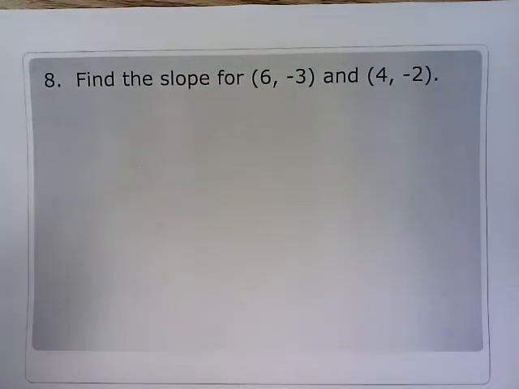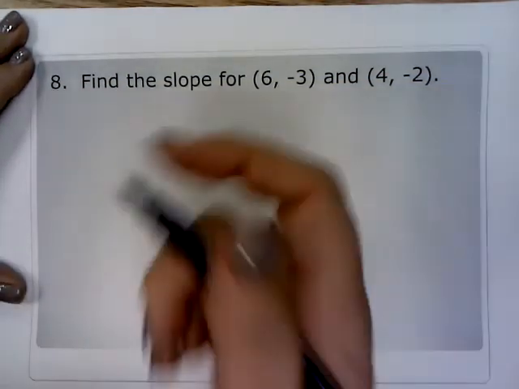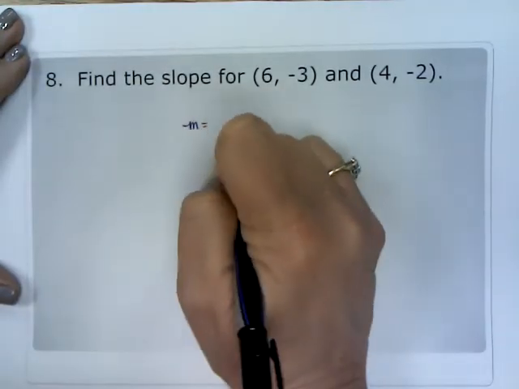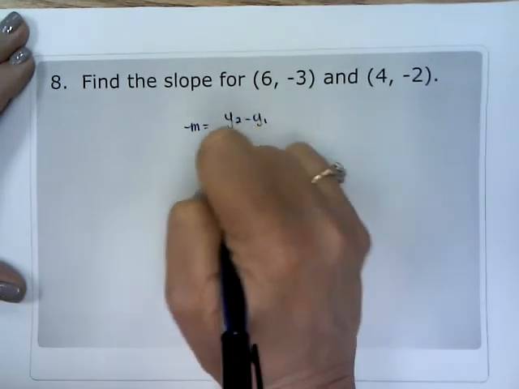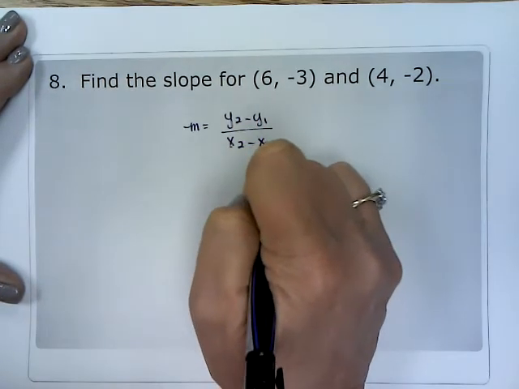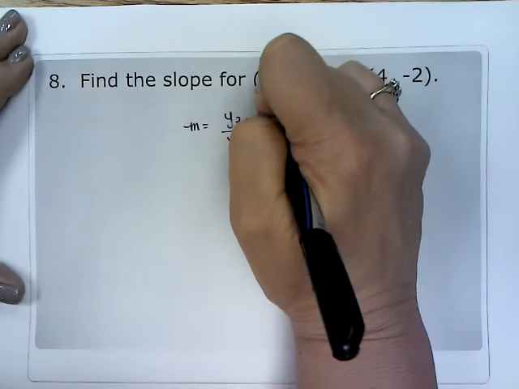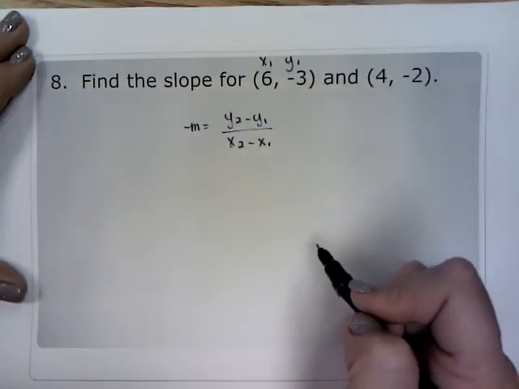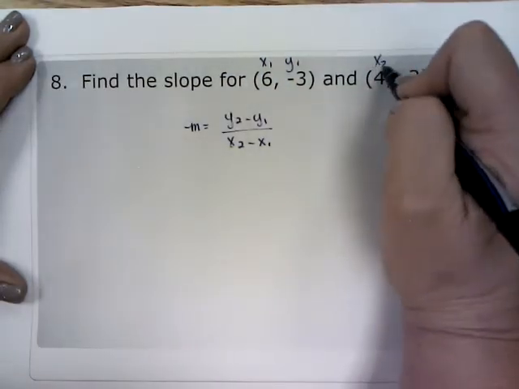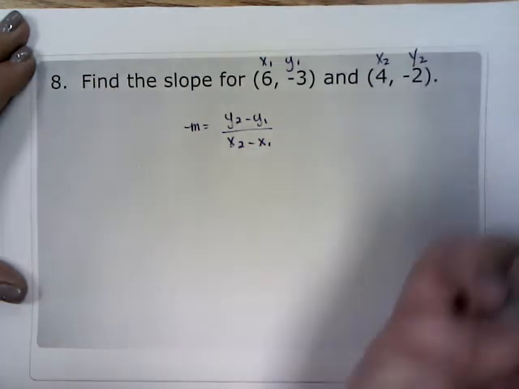Okay, number 8. Find the slope for (6, -3) and (4, -2). All right, back to our old friend, trusty friend from last year. To find the slope of 2 points, we must use the formula for slope of 2 points. So slope equals y2 minus y1 over x2 minus x1, where first ordered pair, first x, first y, second ordered pair, second x, second y.